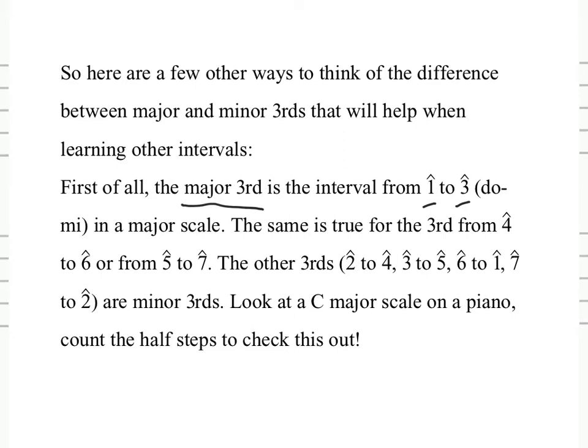The same is true for the third from scale degree 4 up to scale degree 6, or scale degree 5 to scale degree 7. The other thirds from scale degrees 2 to 4, from 3 to 5, from 6 up to 1, and from 7 past 1 and up to 2, those are all minor thirds.